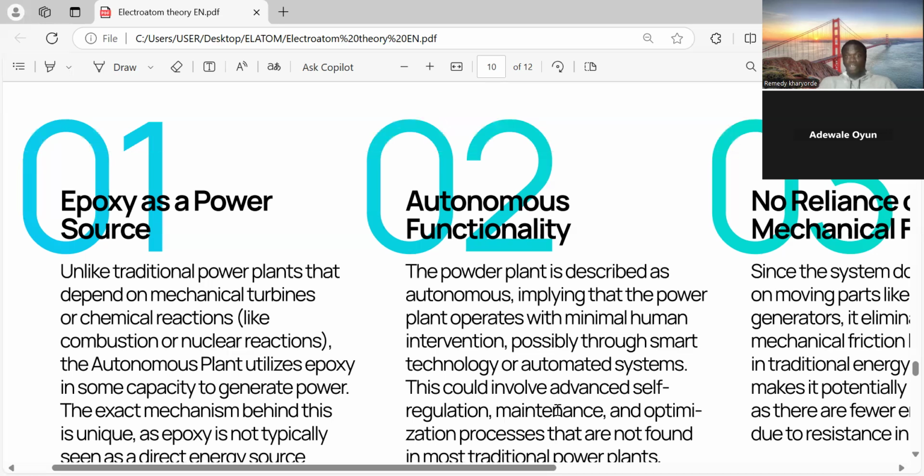In our innovation, this works because our power plant can work in seclusion. Once it has been powered the first time, you can just leave it and it's going to work without any human intervention. It works in isolation, and your electricity is going to run non-stop.